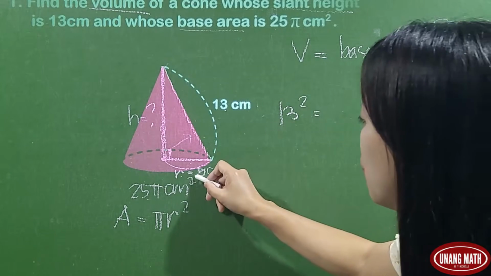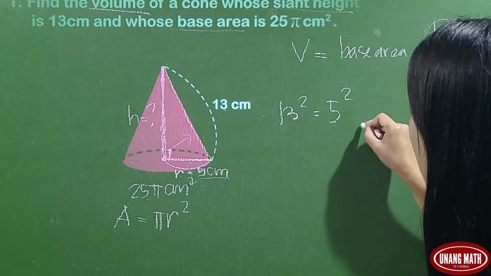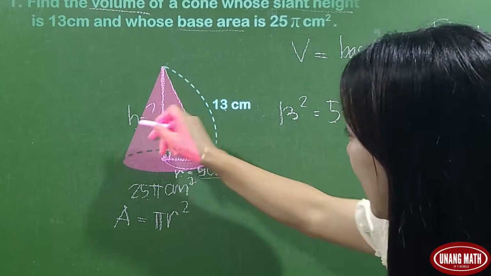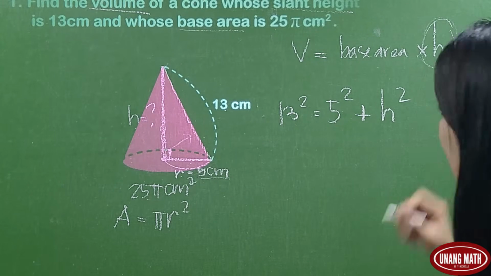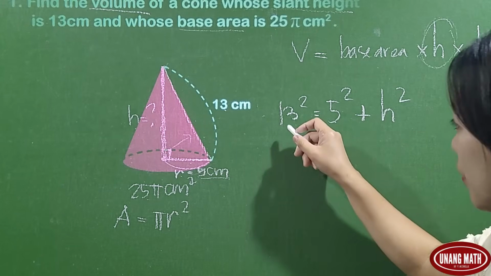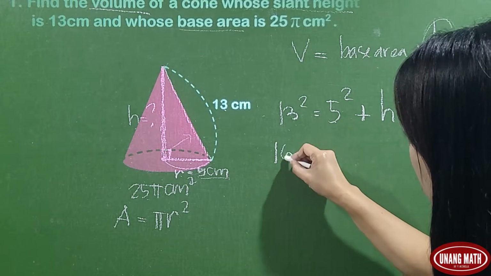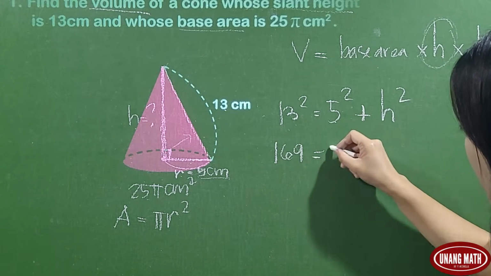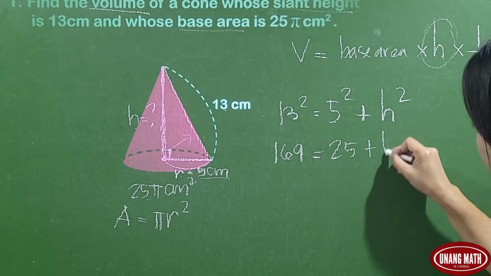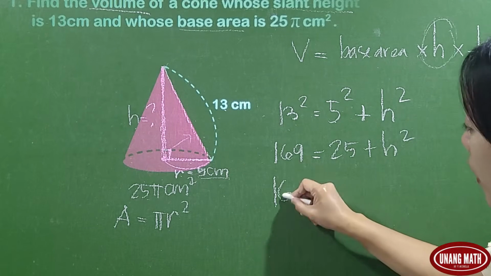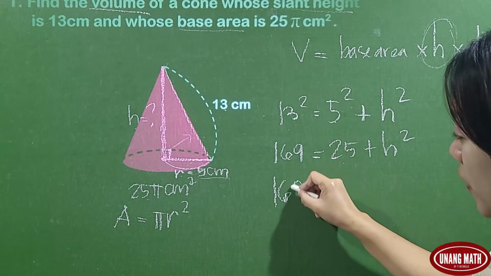This is equal to 5 squared plus h, or this height, squared. So if we simplify, this is 169 is equal to 25 plus h squared. So we are going to subtract 25 from 169.